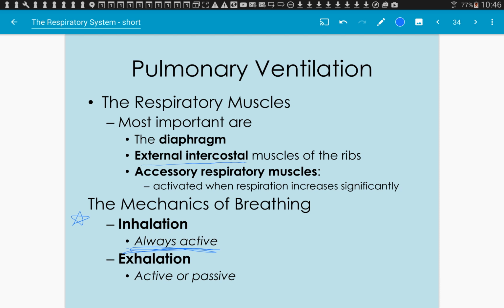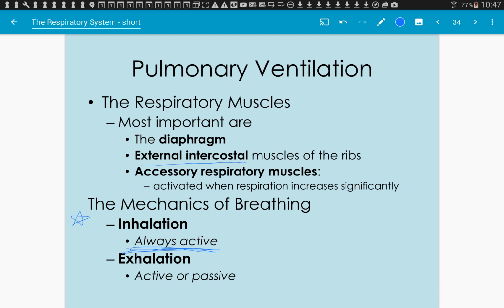So can you give me an example of just passive exhalation? Sitting here in the classroom right now, when you are breathing in and out, are you putting effort into exhaling? No. So it can be passive by simply the diaphragm, when it relaxes, bouncing back up into the thoracic cavity and pushing the air out of your lungs.